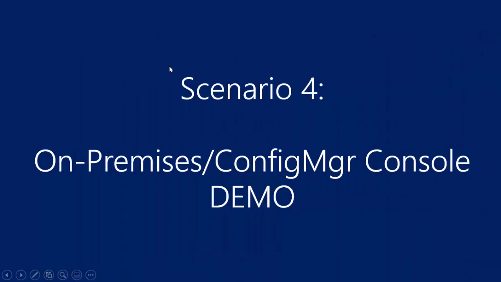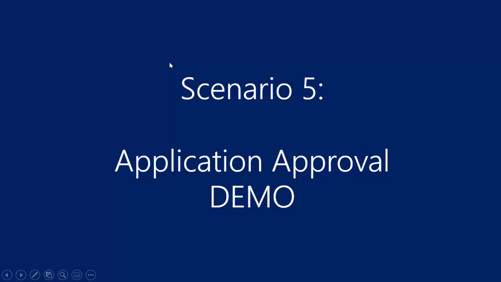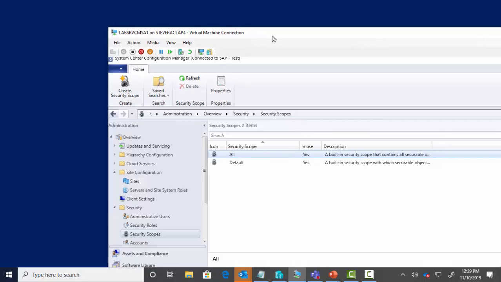So scenario 5. Here, I want to show you the application approval. The application approval workflow is not really what we're talking about here, but the fact that you can use the application approval workflow with the admin service. Specifically, if you configure a deployment to require approval, right?